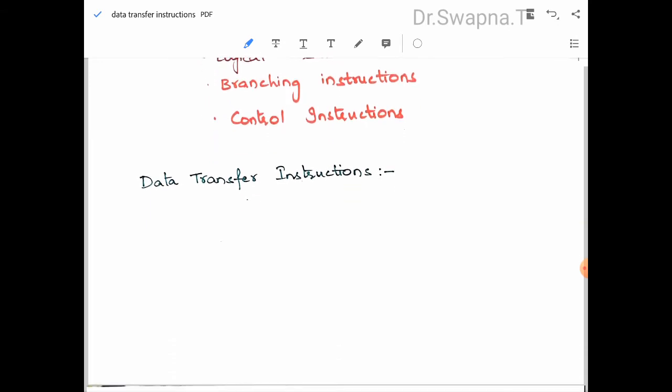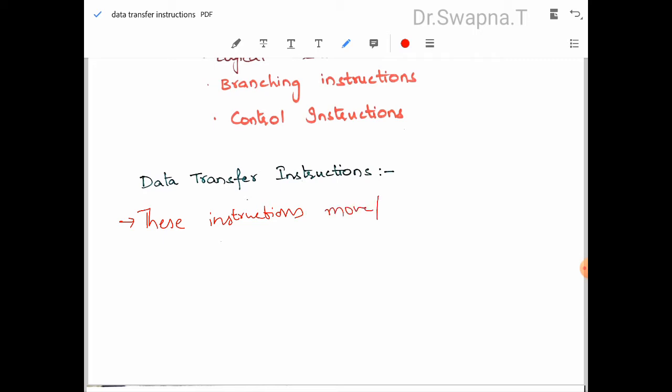First let us understand what these data transfer instructions are. These data transfer instructions move or copy the data from source to destination.